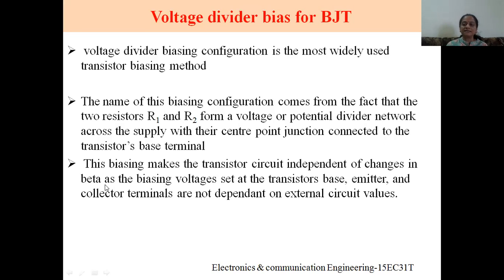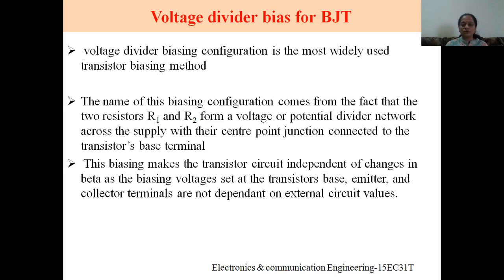When beta changes, the biasing voltage will not change and the collector current will not change, as the biasing voltages set at the transistor base, emitter and collector terminals are not dependent on external circuit values, that is, the biasing voltages are not dependent on beta.